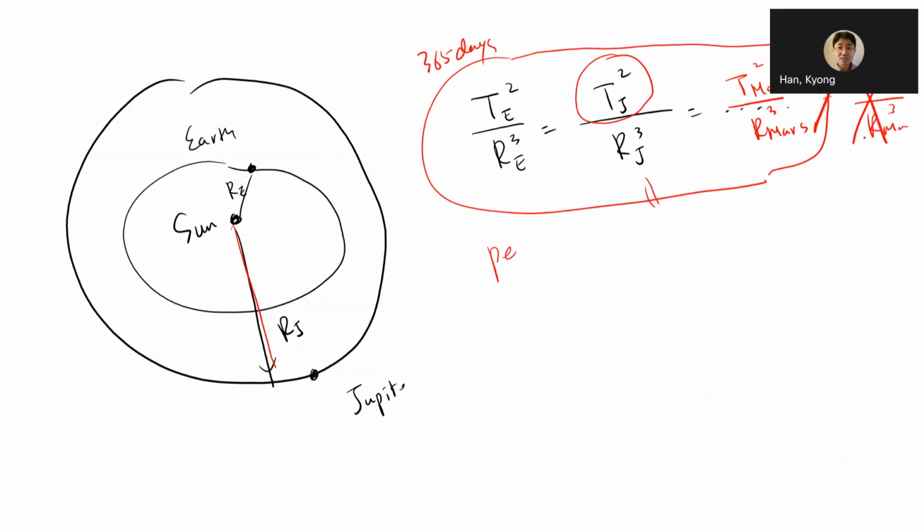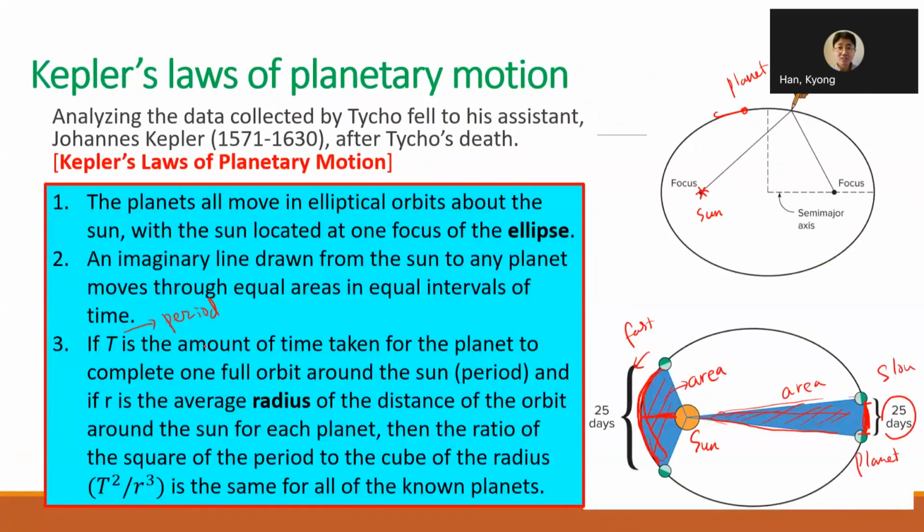Yeah, this is Kepler's third law. If T is the amount of time taken for the planet to complete one full orbit around the sun, the period, and if R is the average radius of the orbit around the sun for each planet, then the ratio of the square of the period to the cube of the radius, T squared over R cubed, is the same for all of the known planets.